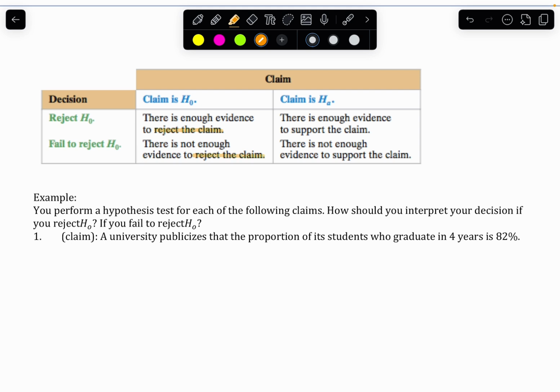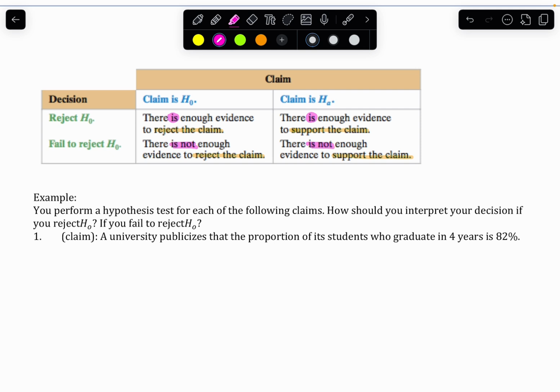And if it's in the alternative hypothesis, we're going to support the claim. The other thing we're going to look at is our decision. If our decision is to reject, that tells us that there is enough evidence. If we fail to reject, that tells us there is not enough evidence.